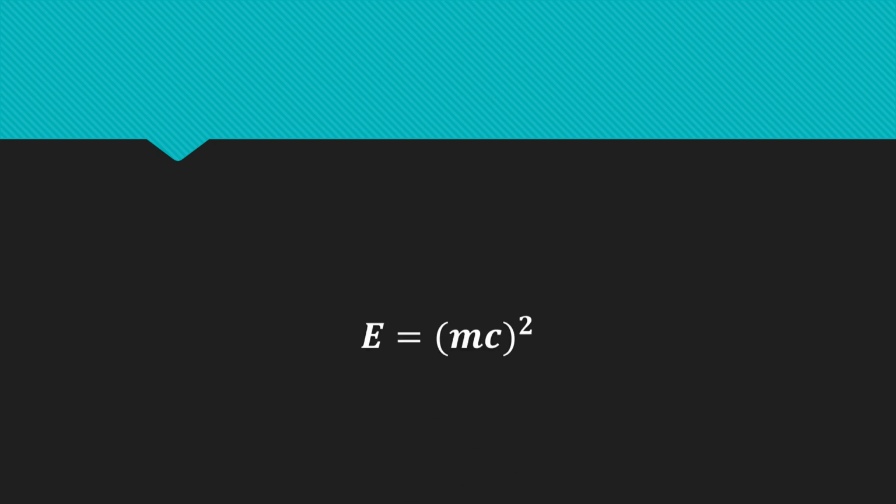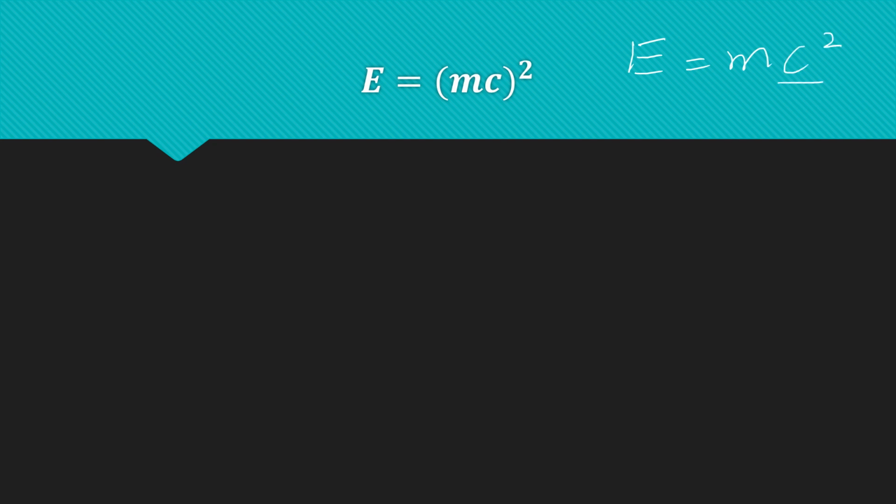So the next equation is E equals (m c) whole square. If you know this equation, then you can directly comment that this equation is wrong, because the original equation, the famous Einstein's equation, is E equals m c square. The square is only on the speed of light. But if I want to prove the homogeneity of this equation, then the left hand side is energy.